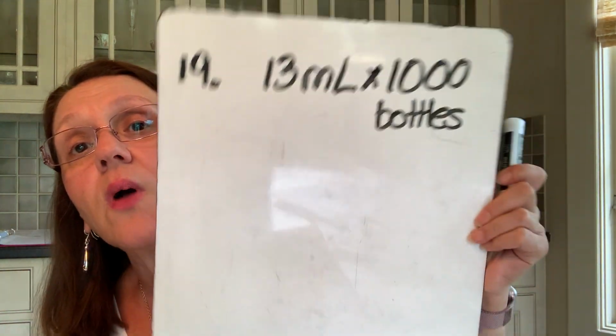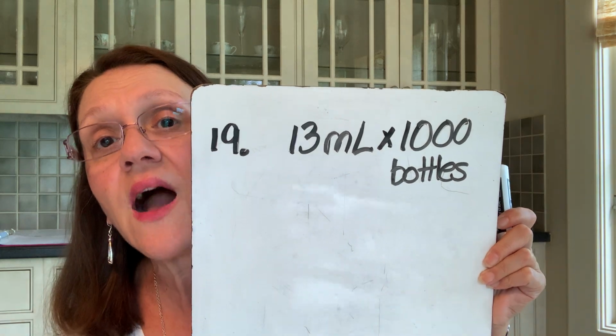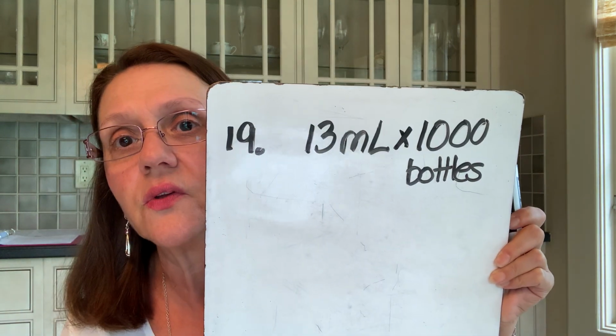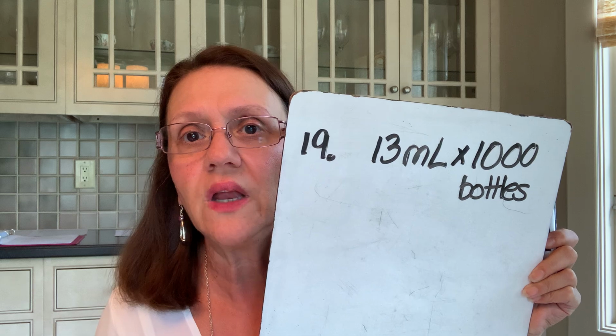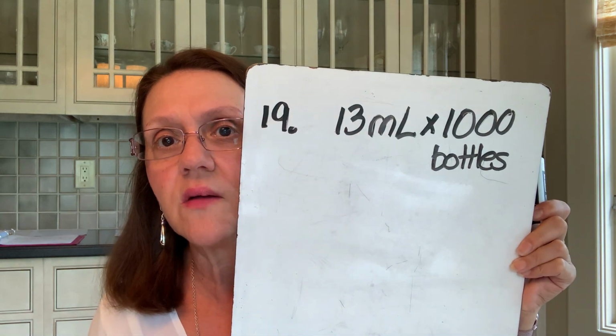Instead, I want to know, in milliliters, how much 1,000 bottles is. That's easy, a tens trick. 13 times 1,000 is 13,000.